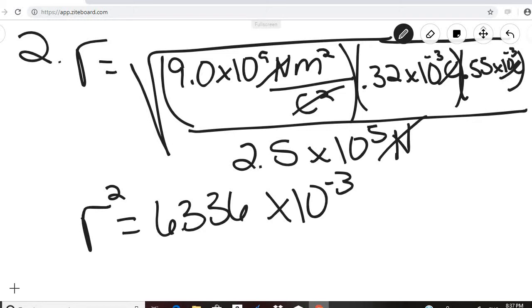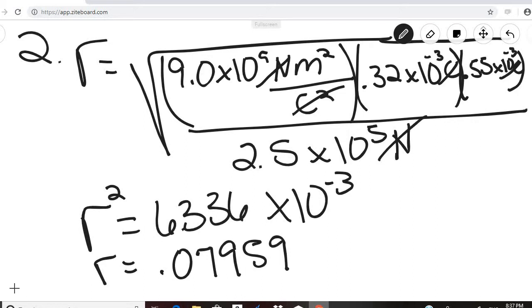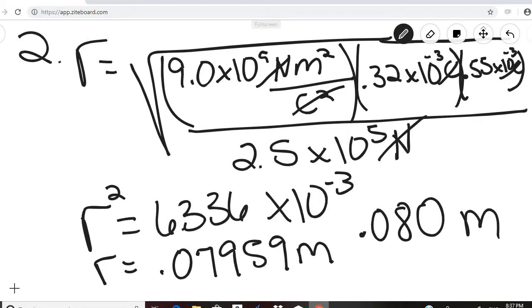Then if we take the square root of that, you will get that R is equal to 0.07959, etc. And the units will just be meters. So we can have two significant figures. That means that we would go 0.080 meters to get our two significant figures. Okay, so that's number 2.